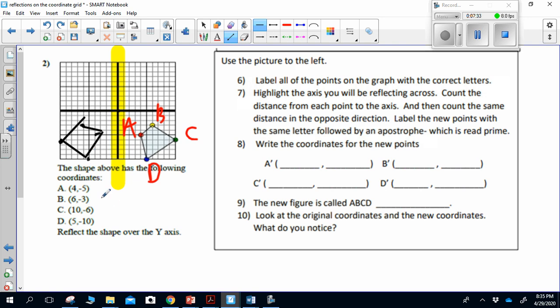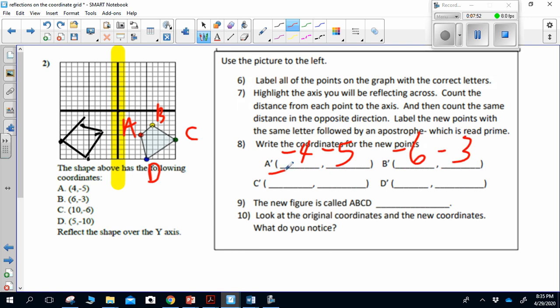All right, so A prime, we said, was going to be at -4, -5. B prime was at -6, -3. C prime was at -10, -6. And D prime was at -5, -10.